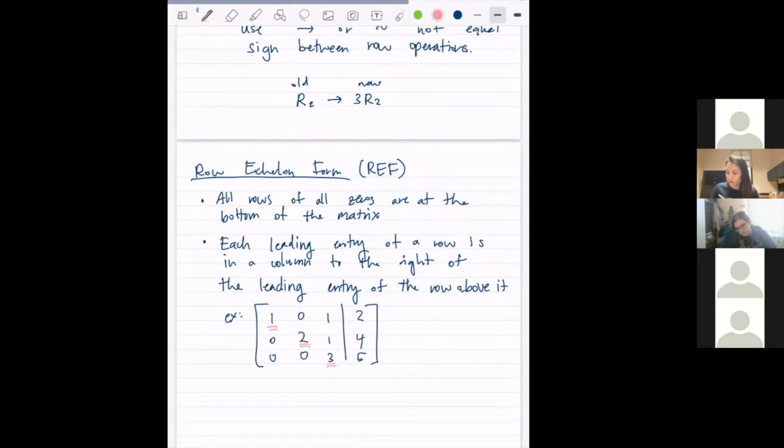And in the third row, the leading entry is here. And each time the leading entry is to the right of the one above it, right? So if you're comparing the first row and the second row, in the second row, the leading entry is to the right of the leading entry in the first row. The same goes for comparing the second, excuse me, and the third row, right?